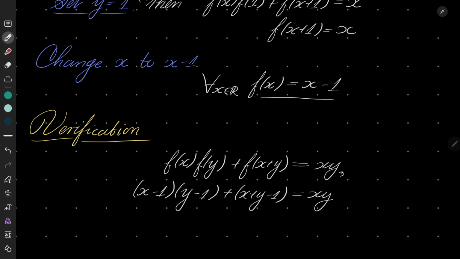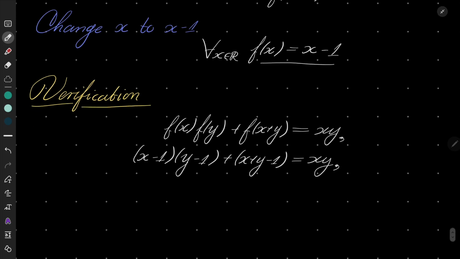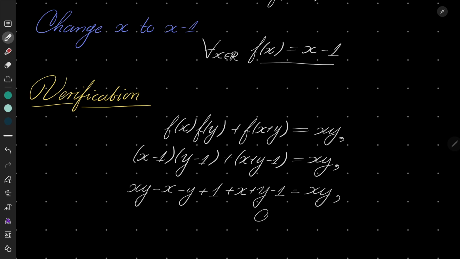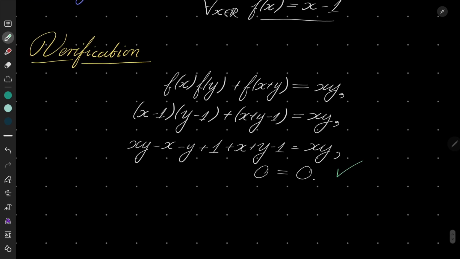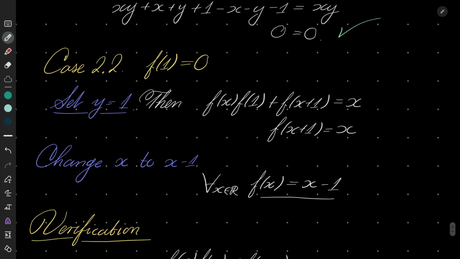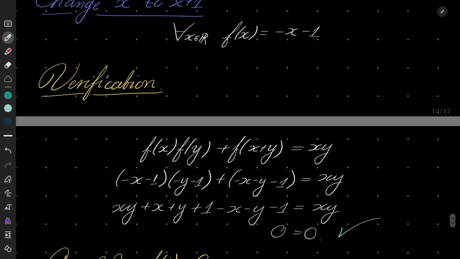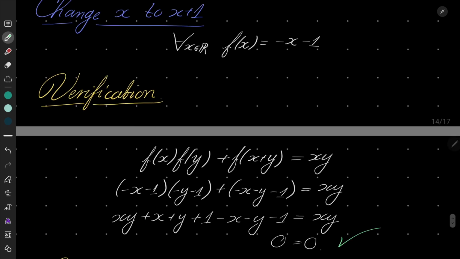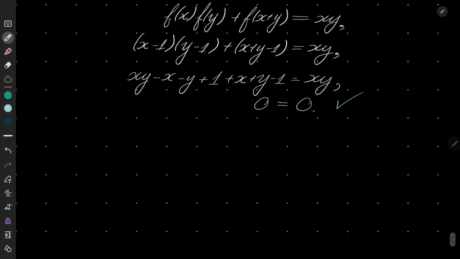Now we have x times y minus x minus y plus 1 plus x plus y minus 1 equals x times y. And in fact, it's 0 equals 0. So it's also verified in this case. So all in all, we have only two solutions.